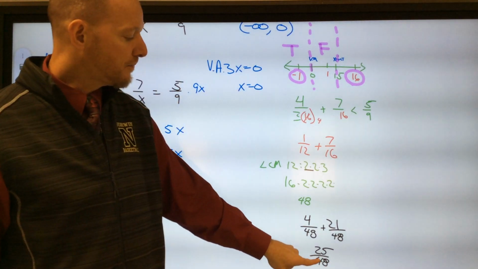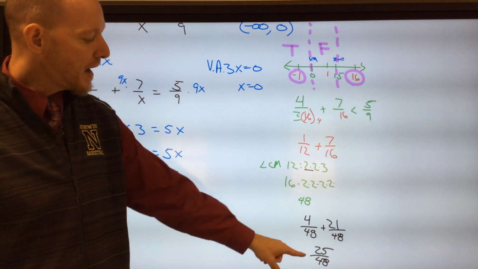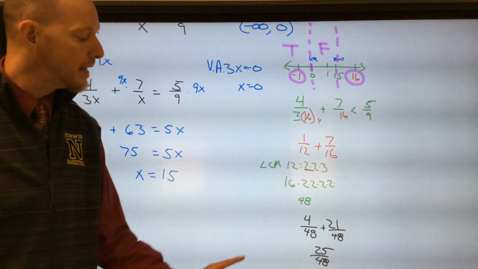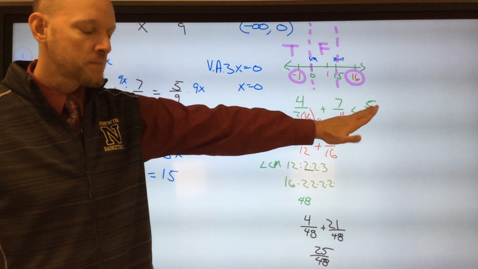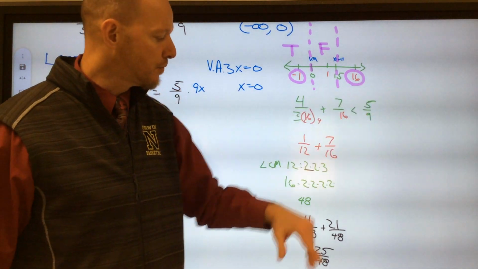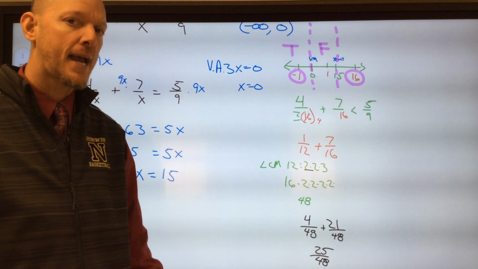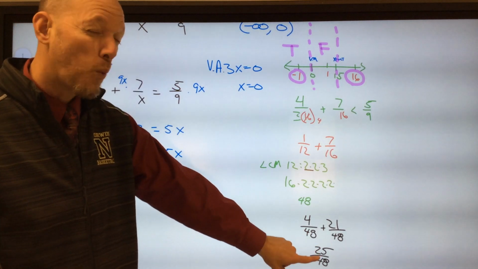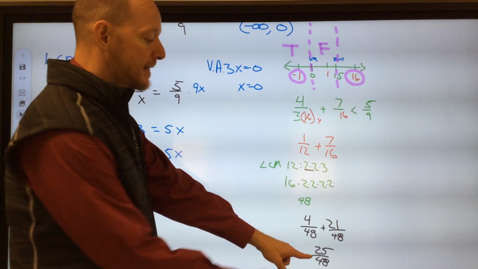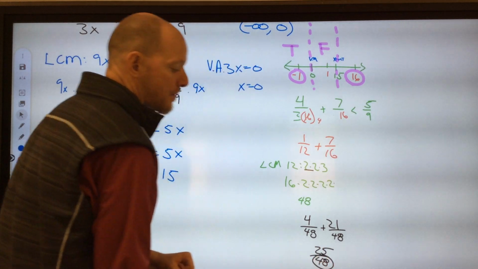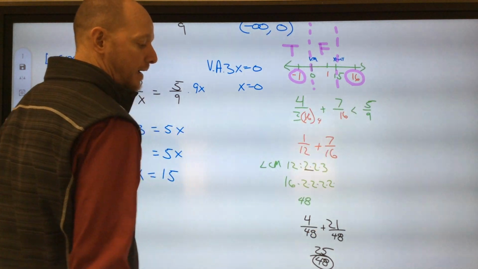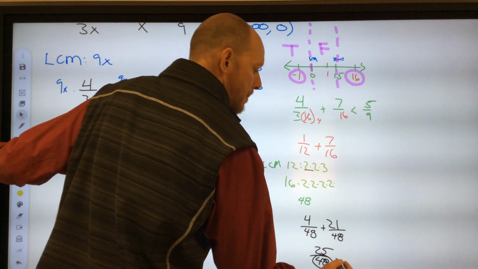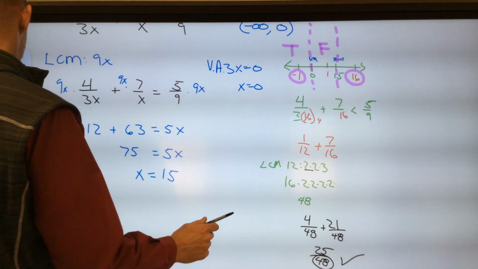Now, 25 over 48, what that is telling me is that is actually going to be a number that's less than 5/9. I can continue working this out to prove that, but I also see that half of 48 is 24, so I'm 1 more than half. And since the denominator is so big, that's going to be less than being 1 more than half, which is 5 over 9.